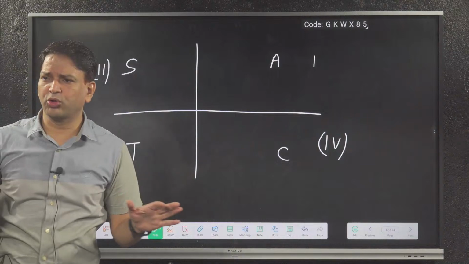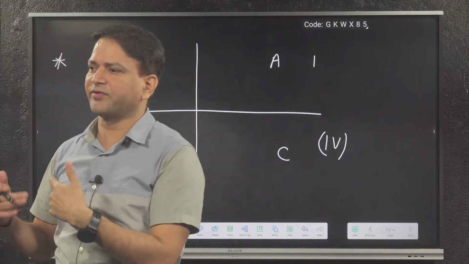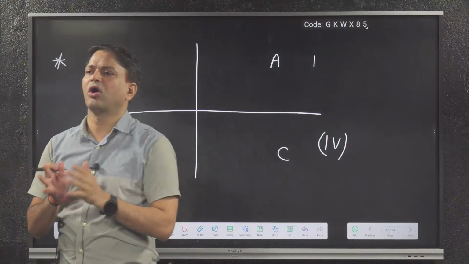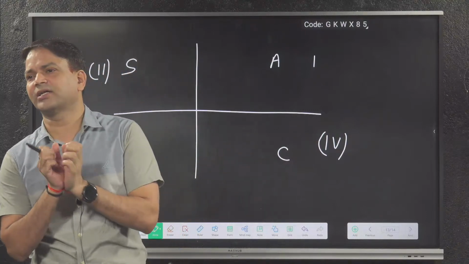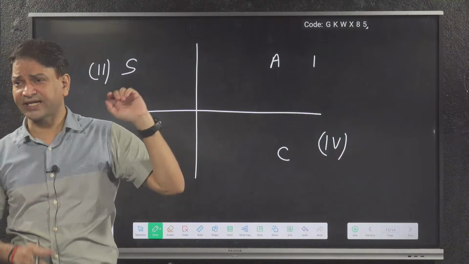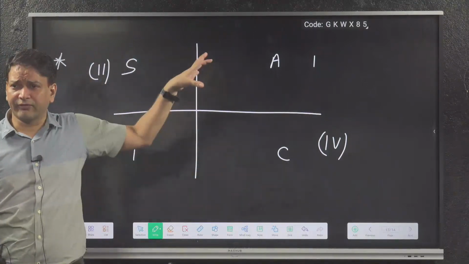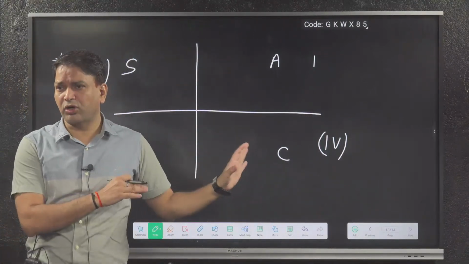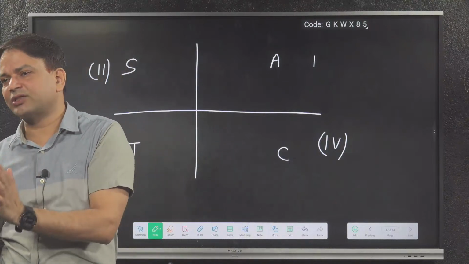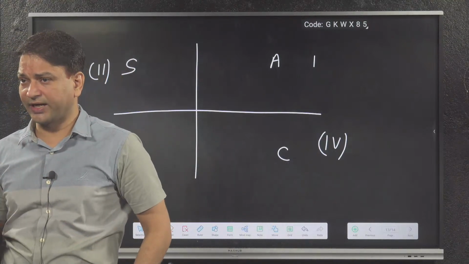If we make a triangle in the first quadrant, all the trigonometric ratios, sine theta, cos theta, tan theta, will be positive. In the second quadrant, sine will be positive and the rest of the trigonometric ratios will be negative.